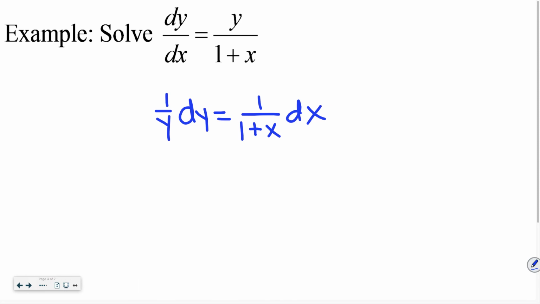I'm writing it like this so that I can see more easily what my antiderivatives are going to be. You could write it as dy, we divided the y over, but I think it's easier to see what our antiderivative is if I write dy off to the side. Do you see what I mean by that? Is that okay, me writing it?